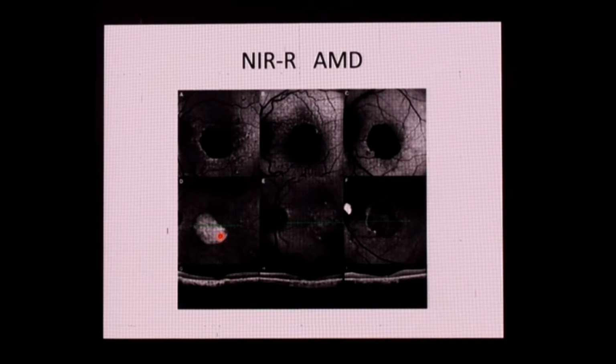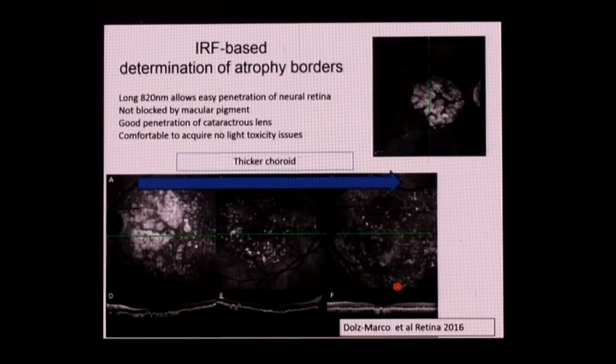Presumably that's because the main reflectance is off the sclera and there's less attenuation. But if you get a thicker choroid, it's a darker image. So there are problems using it for GA alone, and we need to work on this further, maybe to enhance the image, because it's a non-invasive, comfortable test for the patient.